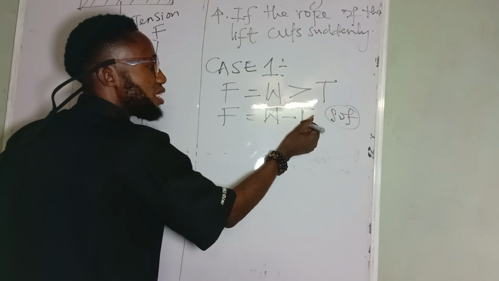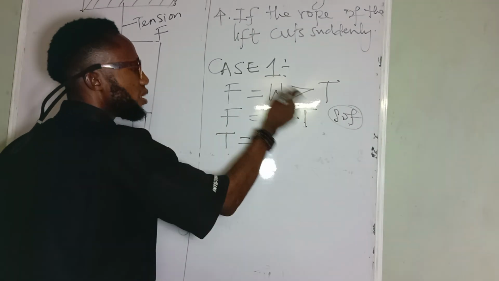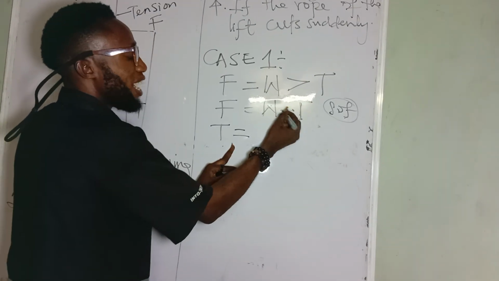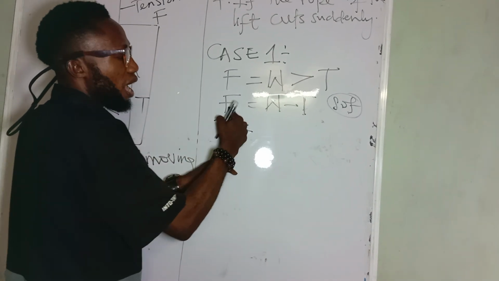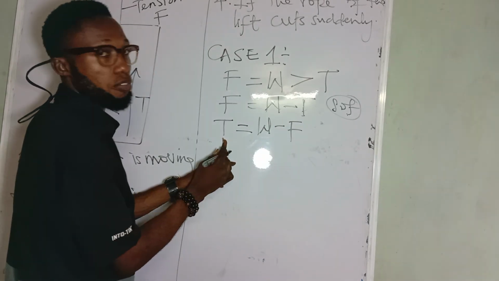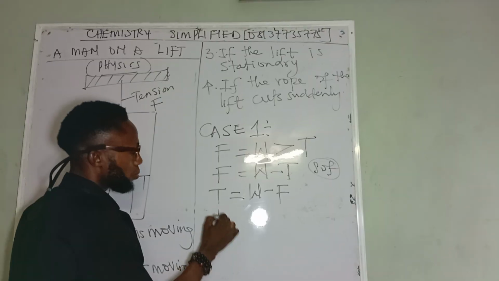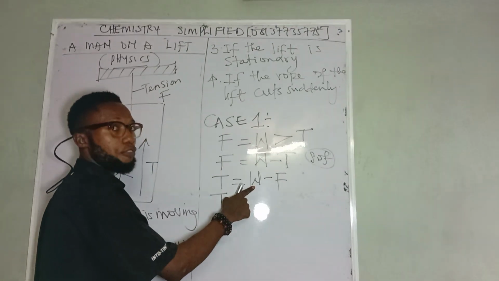If you want to make this T the subject of formula, we have T equal to, you bring this T here, you bring this F here, minus T returns to plus T, F returns to minus F. You now have weight minus F. Do you understand? Therefore, what will now happen? You now have T equal to, what is the formula for weight?